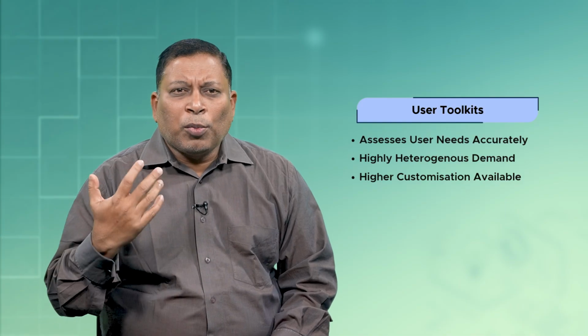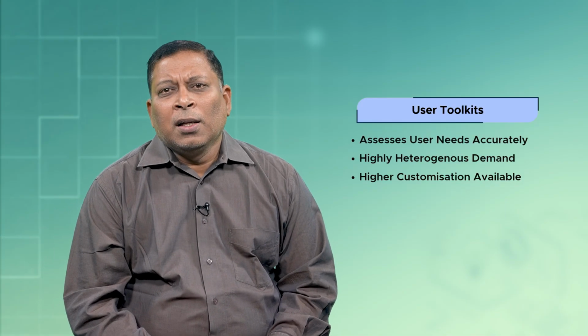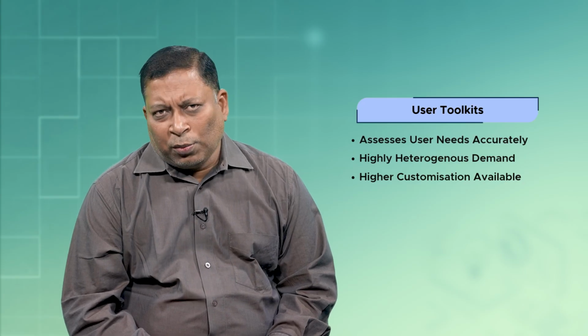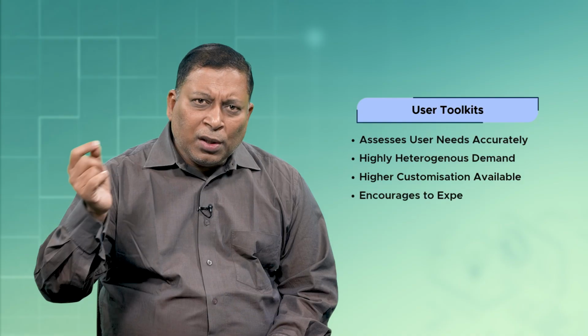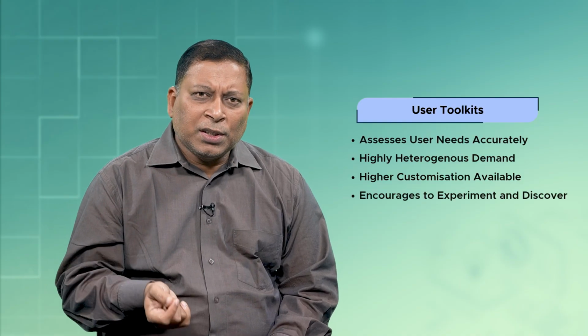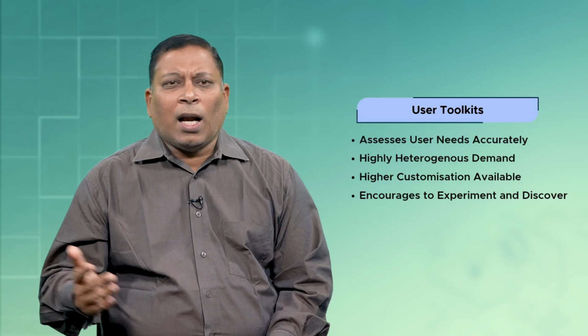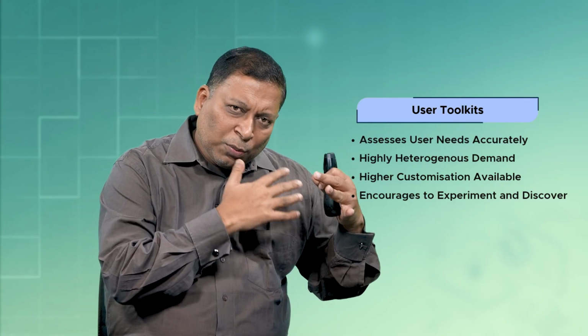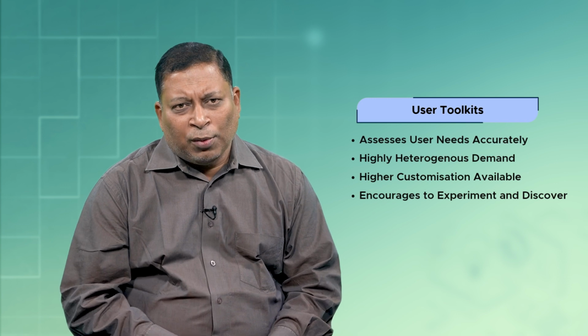That is providing the toolkit. Toolkits encourage users to experiment and discover new configurations which are not feasible for the company to provide. The customer does the prototype or the experiment, and then it is easier for the company to deliver that than giving multiple choices upfront to the customer. That is the basic idea of a toolkit.